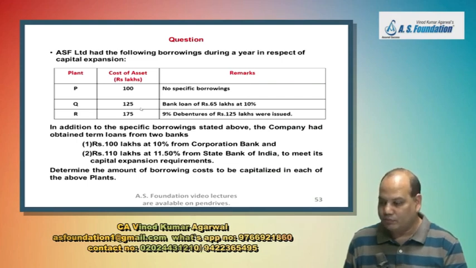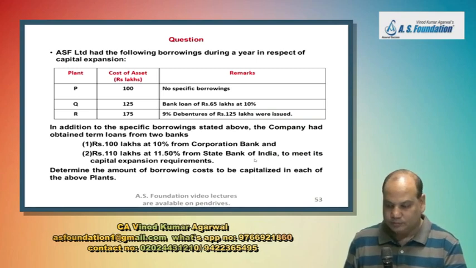So Q and R are partly financed by specific borrowing and partly by general borrowing, whereas P is fully financed out of general borrowing. In addition to the specific borrowing stated above, the company had obtained two term loans from two banks. So this is general borrowing: 100 lakh at 10% from Corporation Bank, 110 lakh at 11.5% from SBI. Determine the amount of borrowing cost to be capitalized in respect of each of the above plants.